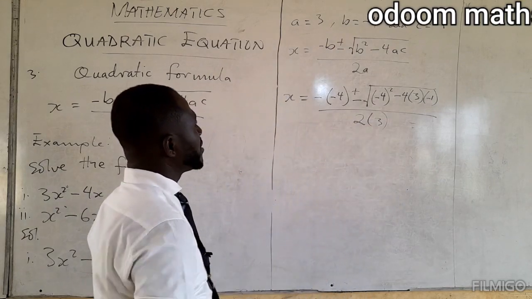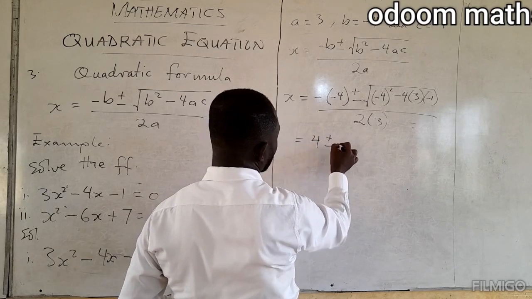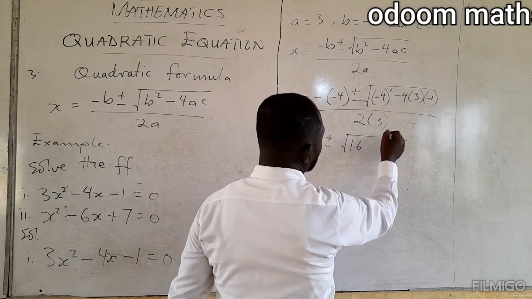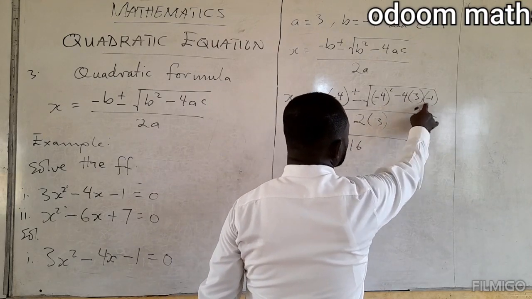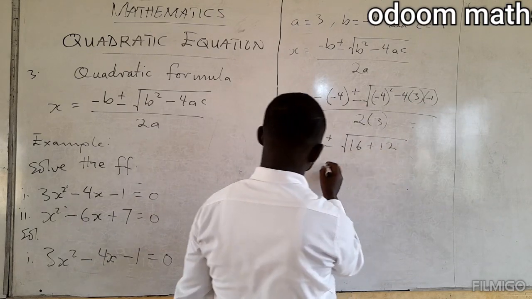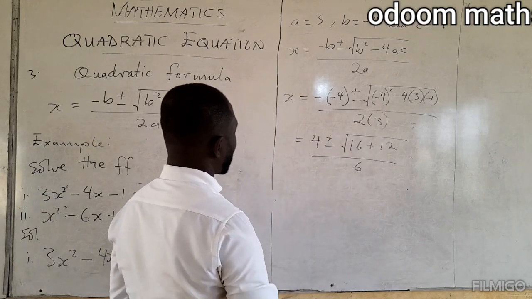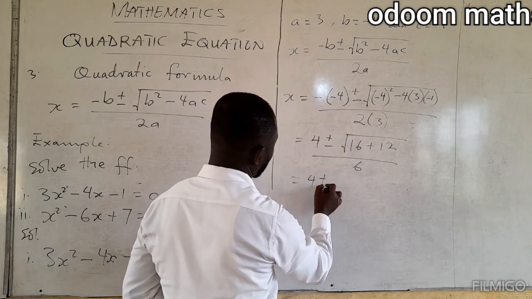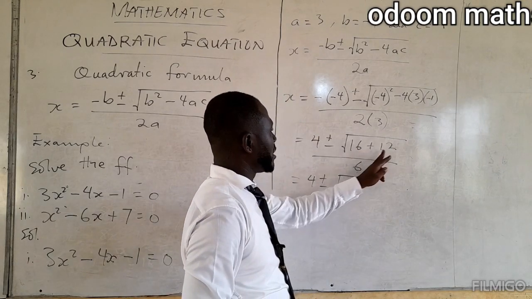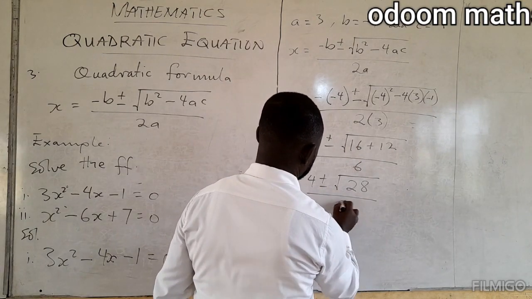From here, we have 4 plus and minus square root of, this is going to give me 16. Then when you multiply these two negatives, you get positive. So plus 12 times 1 is 12, all over 6. So 4 plus and minus square root of, when you add 16 and 12, that is 28, over 6.